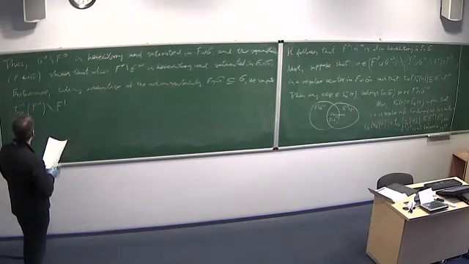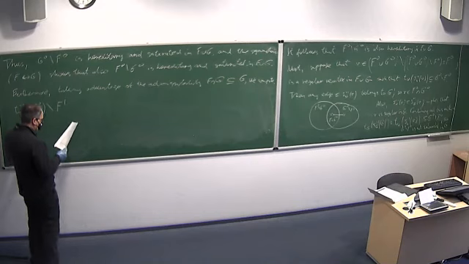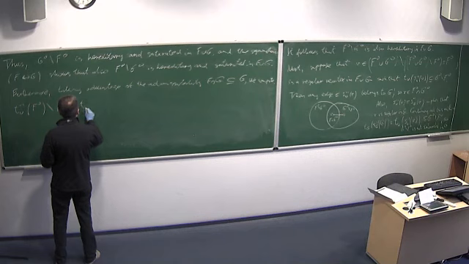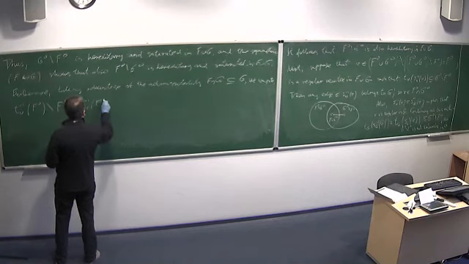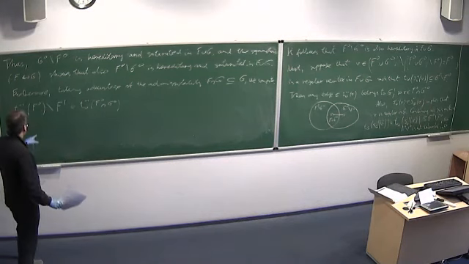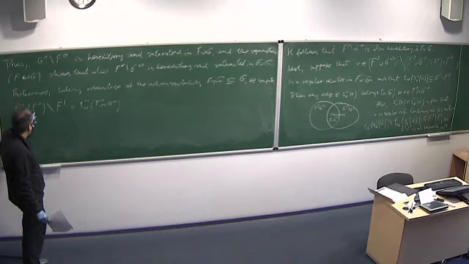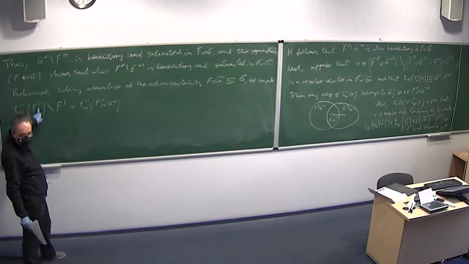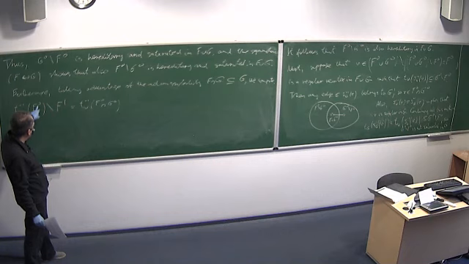Okay, so first I can just write it down as the preimage under the T cap map of F naught intersection G naught. Why? Because if I take anything in F naught which is beyond G naught, then in the preimage I'll get only edges from F1.